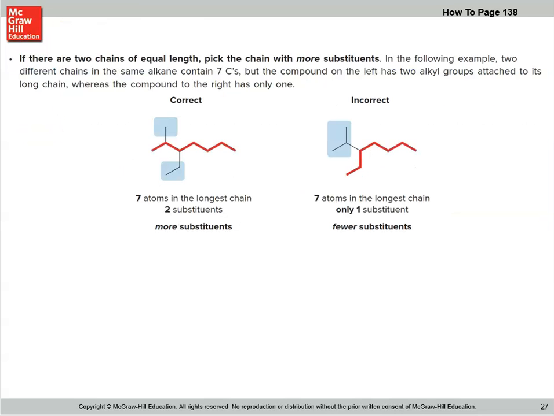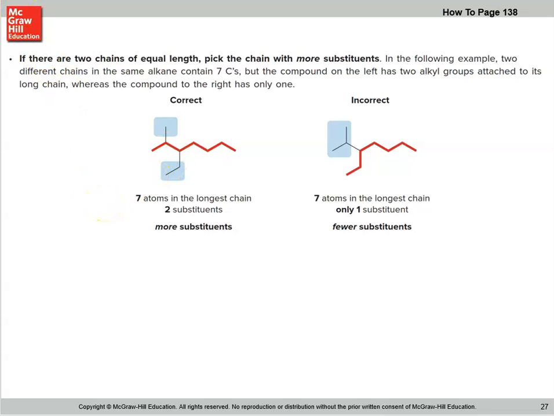One thing that might happen as you're counting your chain is that there might be more substituent groups coming off, meaning groups that are being added on to that long chain. Here we have 2 substituent groups, and in this way, if we count 7 atoms long, we just have 1 substituent group. So we want to count it in a way that we have the most substituent groups off of our chain.